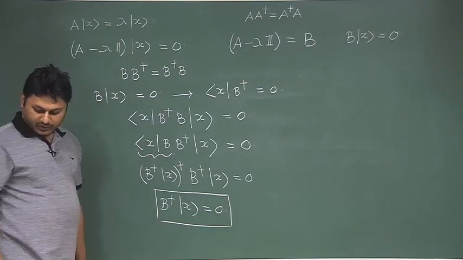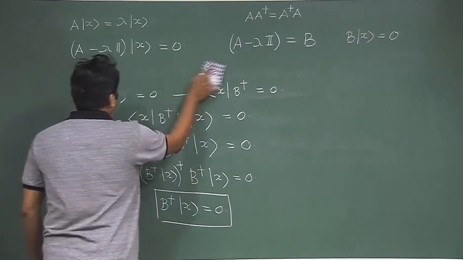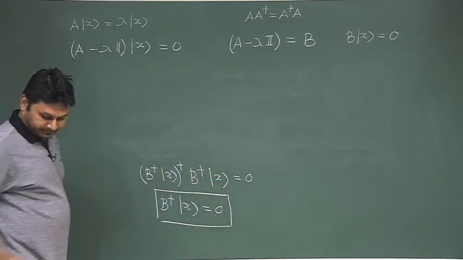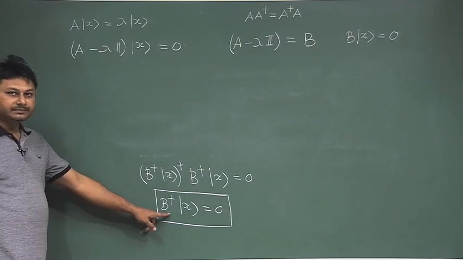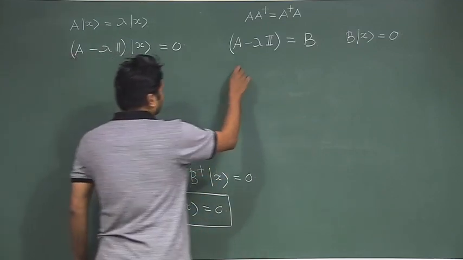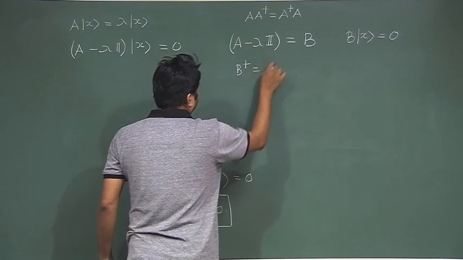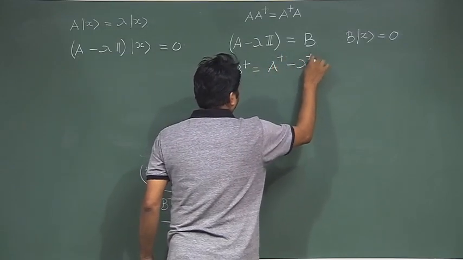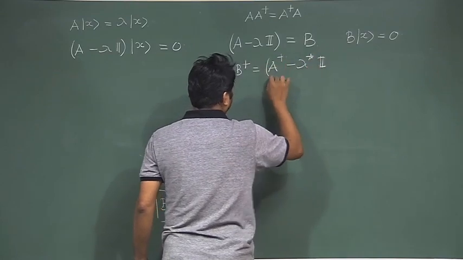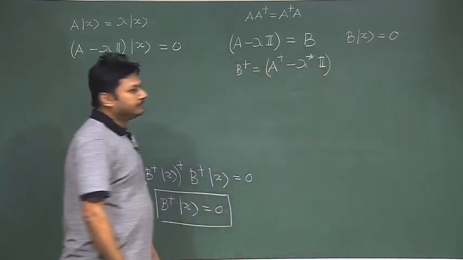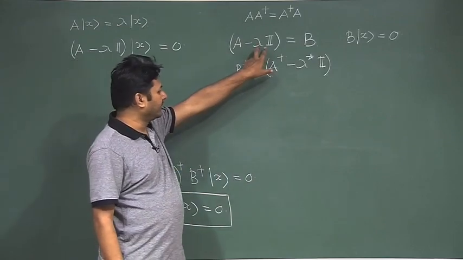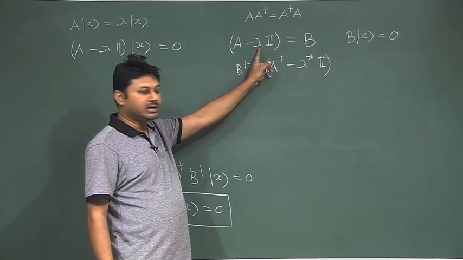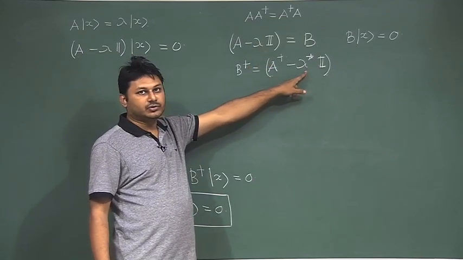Now, what is B Dagger? So I get one important thing. What is B Dagger? Let me erase it. B Dagger is, if I put B Dagger here, A Dagger minus lambda star I. Mind it, I also make a dual conjugation of this. When I make a dual conjugation, you know that whatever the constant is here, I need to put, in principle, the complex conjugate of that.